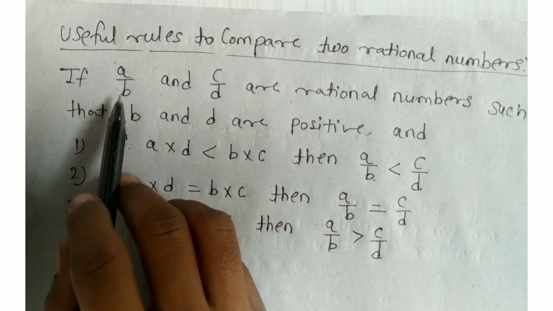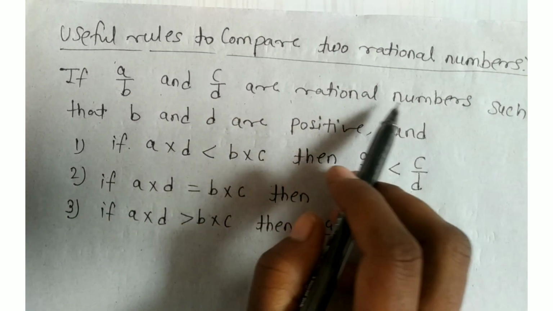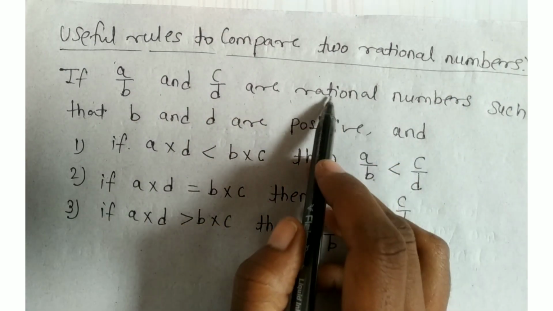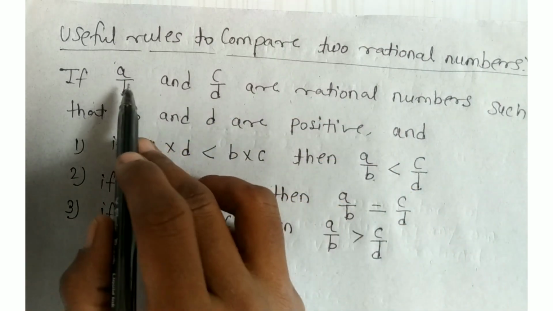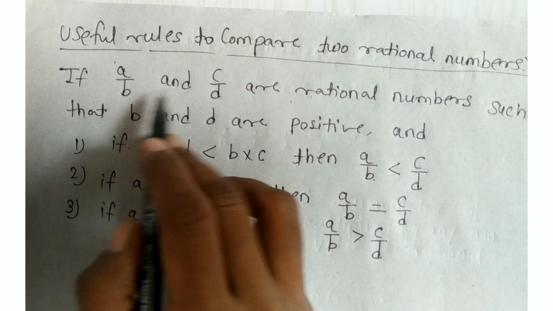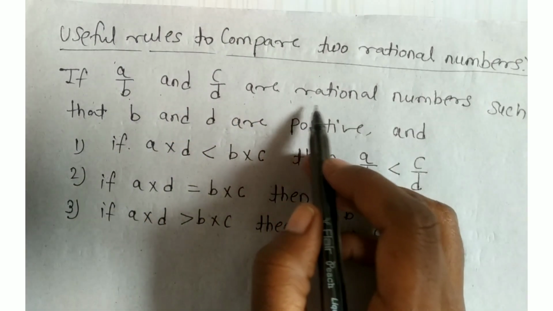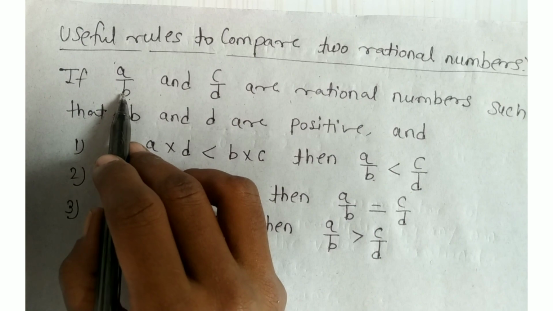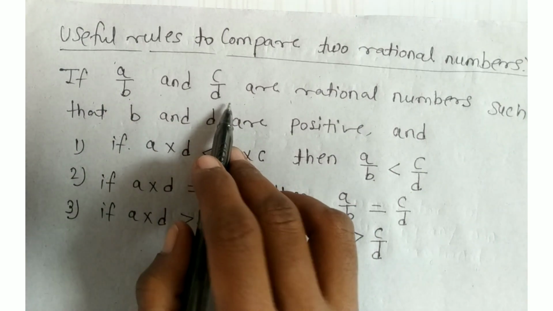If a upon b and c upon d are rational numbers, it means they are in fraction form. We can see a upon b and c upon d are in fraction form. It is a rational number means b and d are non-zero.